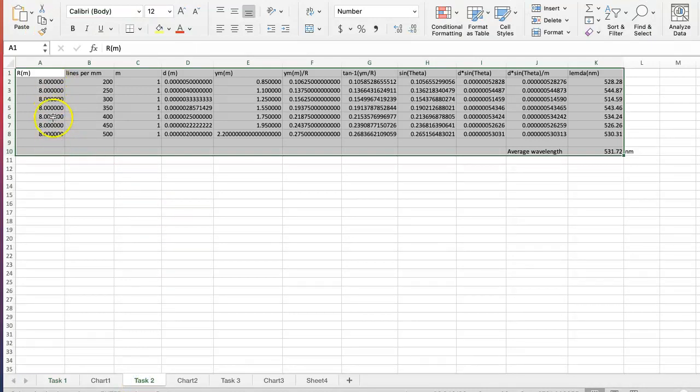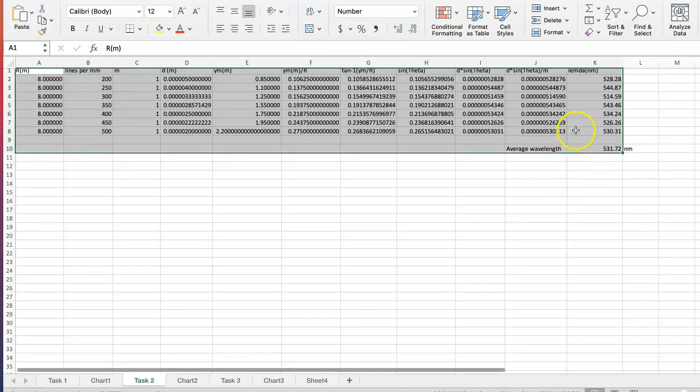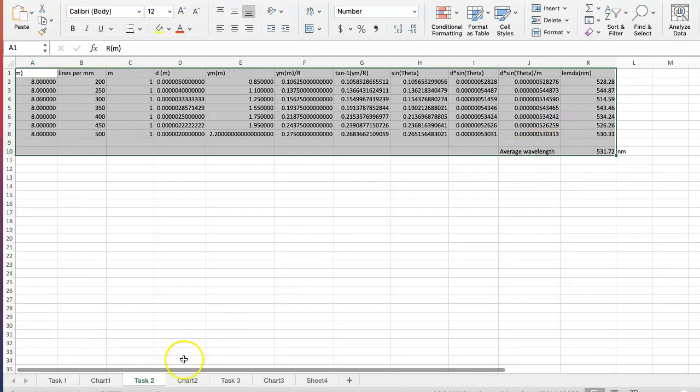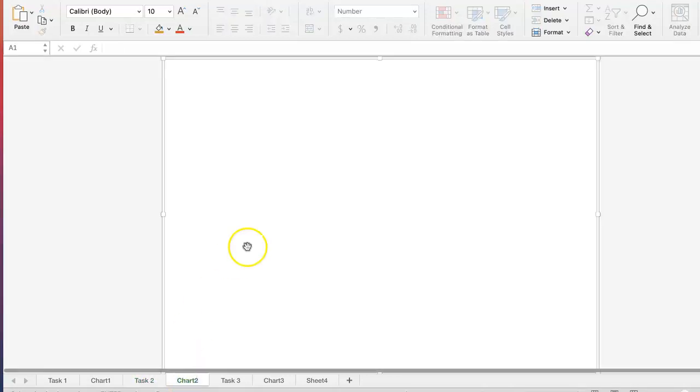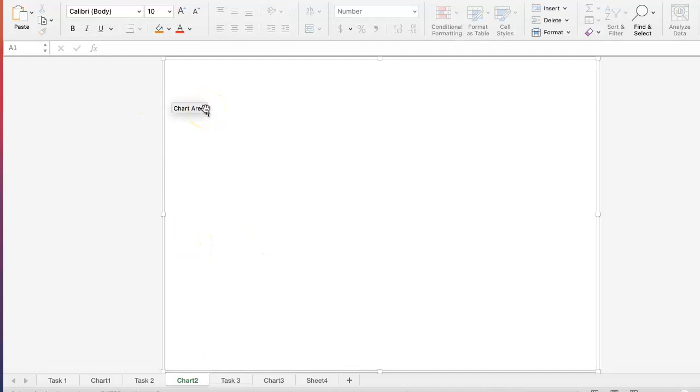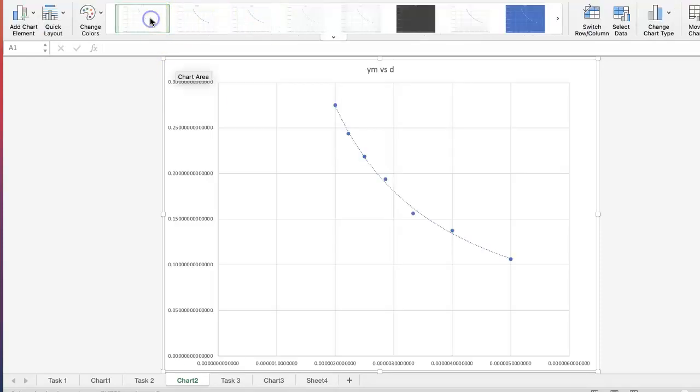I did use 8, and these are the lines, and I was able to do the same kind of measurements. For the second chart, you're going to graph the relationship between yn and d, and in order to fit it correctly, you should fit it to a power function. And of course here again, I did not worry about my labels and things.